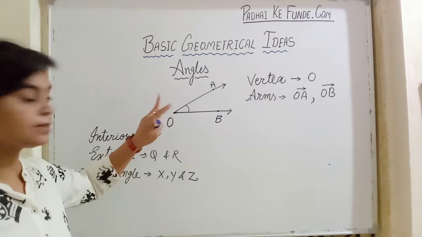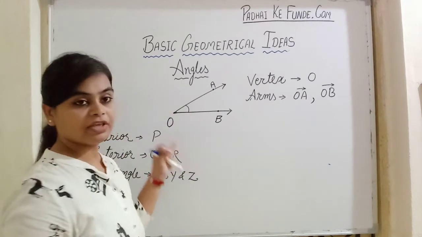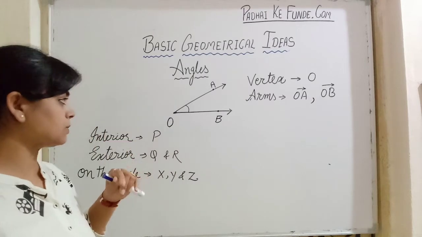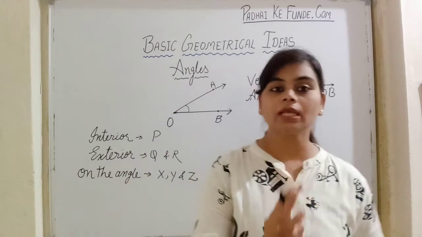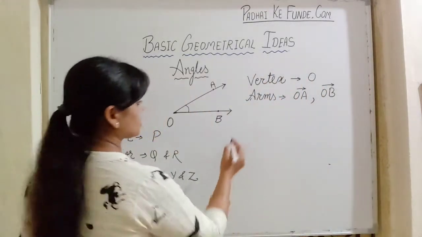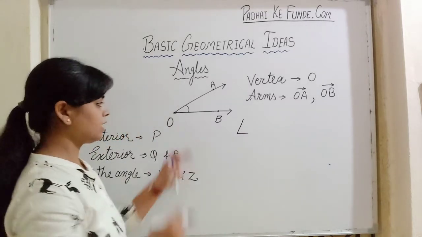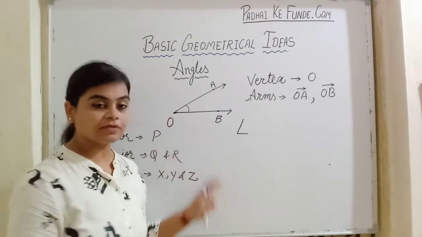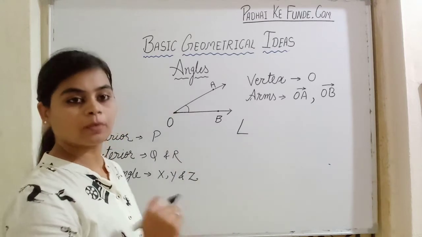First of all, we will write the name of this given angle. Here we have one vertex and two arms. An angle name is always represented by 3 letters. This is the symbol of angle, and to write its name, first of all we place the letter used for the vertex.